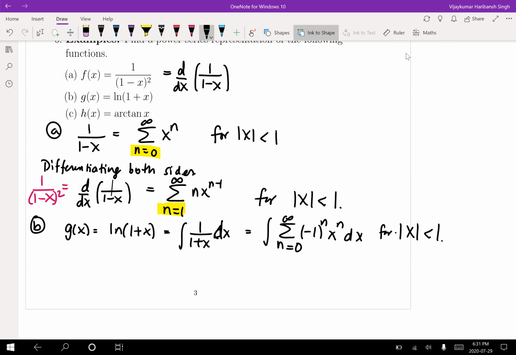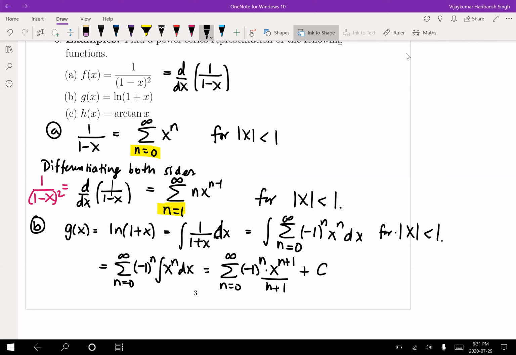So this is going to be equal to, now limits in the summation and integral can be exchanged in the region of convergence, not otherwise, the integral of x to the n dx. This is going to be summation n equals 0 to infinity minus 1 to the power n x to the power n plus 1 divided by n plus 1, plus a constant c. Now we need to find out what c is.